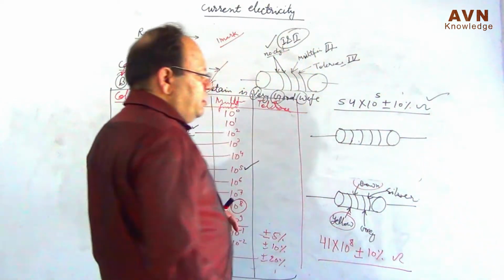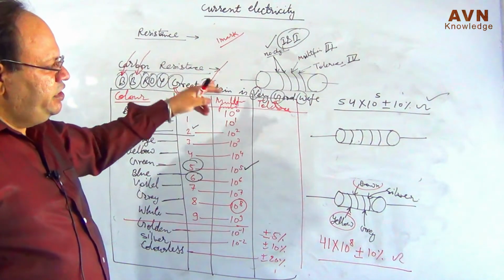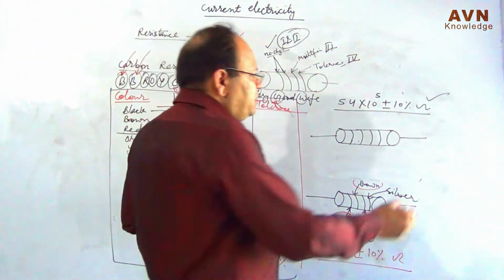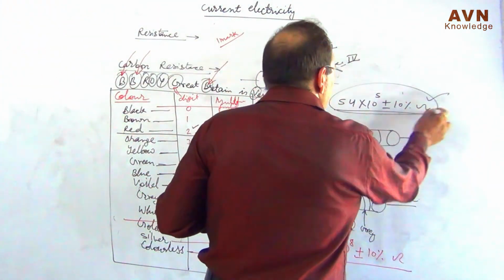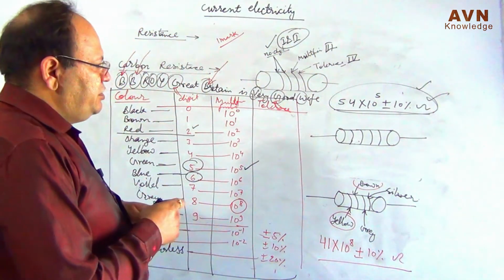In the previous question, the color strips were given and we had to calculate the resistance. In this question, the resistance is given and we have to calculate the colors of the strips.